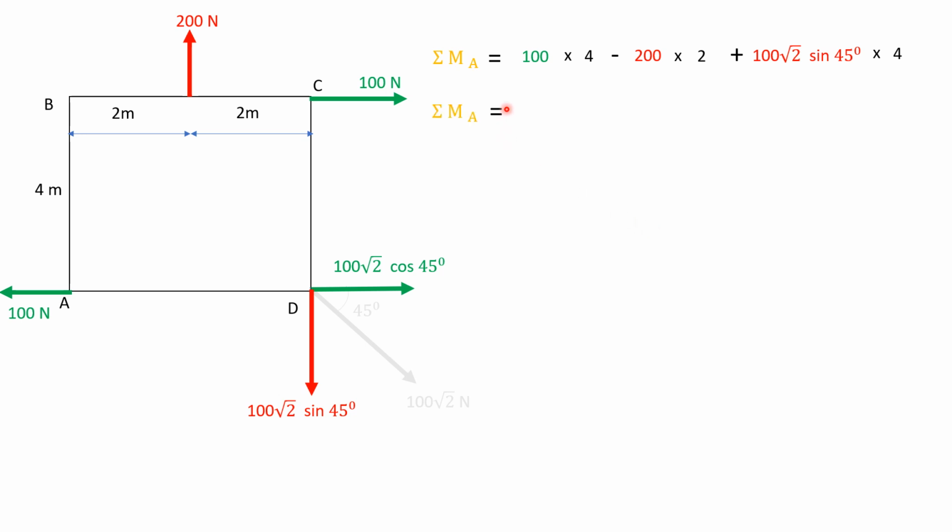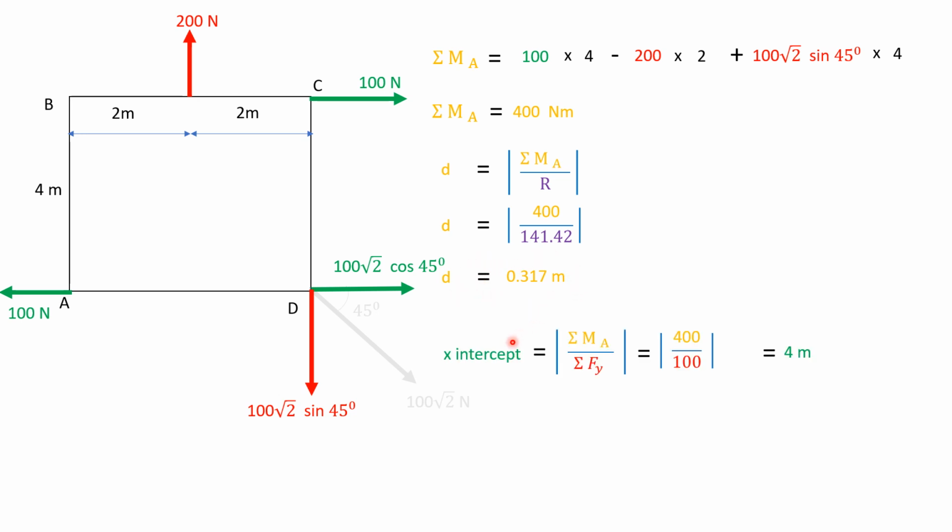Calculating all this, we get summation MA, and the perpendicular distance of the resultant is given by summation MA by R. Substituting the R value and summation MA value, we get the perpendicular distance of the resultant. The x-intercept is given by summation MA by summation Fy.